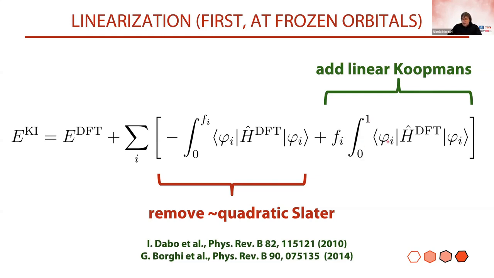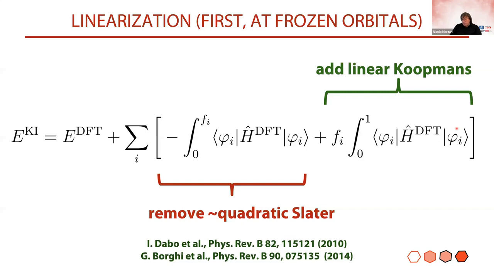So this integral of the expectation value is nothing else than the energy at occupation 1 minus the energy at occupation 0. This is the entire concept: this spectral functional, this Koopmans functional, linearizes the density functional theory energy orbital by orbital, removing the quadratic term and adding a linear term.